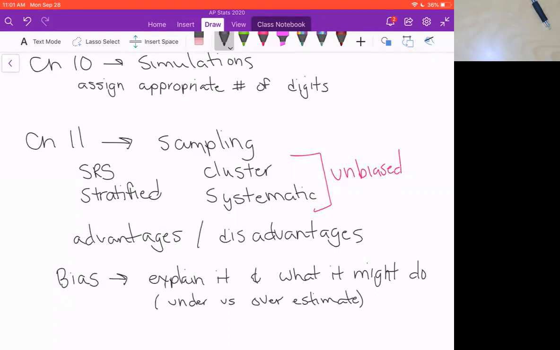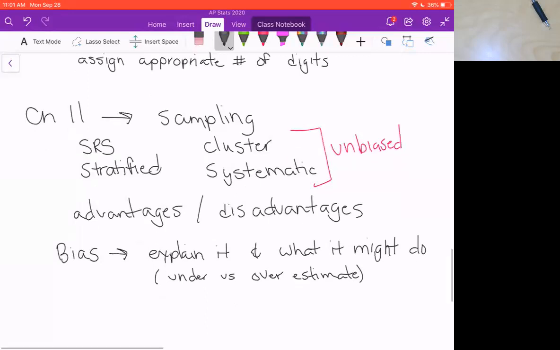Well, for example, it is feasible to think that the people who show up to the cafeteria as soon as it opens might like the food more than all the other people that are not showing up right when it opens. So I think that there is a good chance that they will overestimate the proportion that like the food in the cafeteria. Okay, so that would be an example of why it's biased, because those people are different than all the other people that were not included, and that might lead to an overestimate, for example.